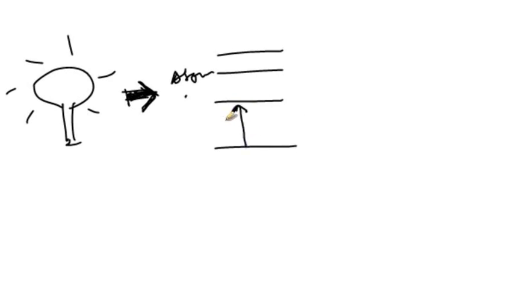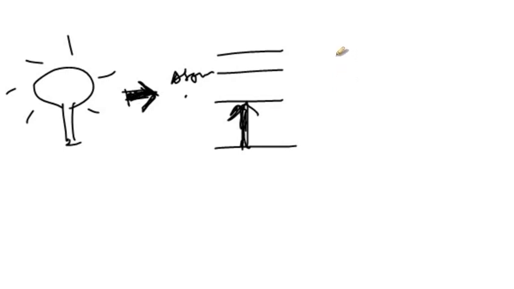What will happen? Out of all the photons coming from here, the photon corresponding to this transition will be absorbed, and we will see all the other photons except this one.